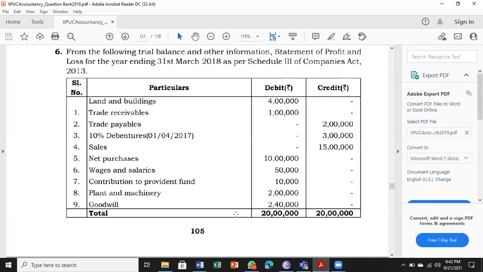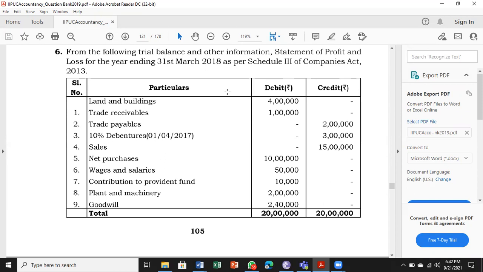It is known. So I told here 10% debentures mean it is a loan taken by the company from the public. So what is the loan amount here? As you can see here, 3 lakh rupees is the loan, 10% is the interest.